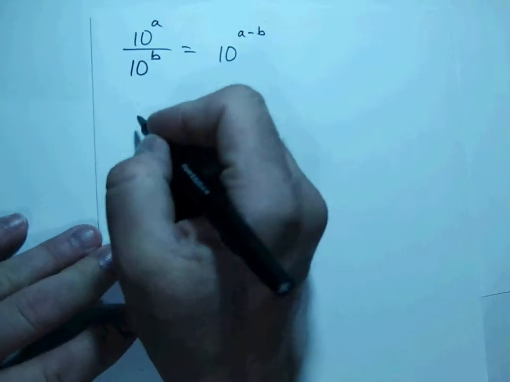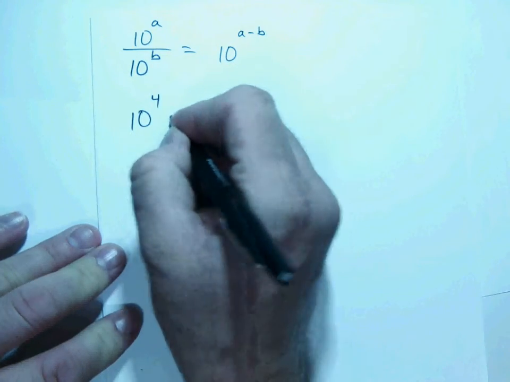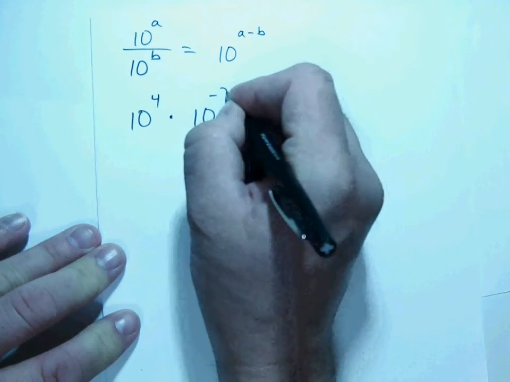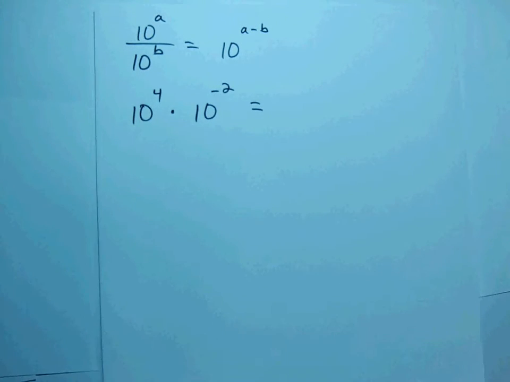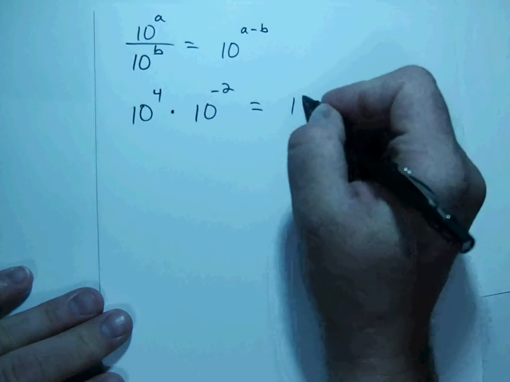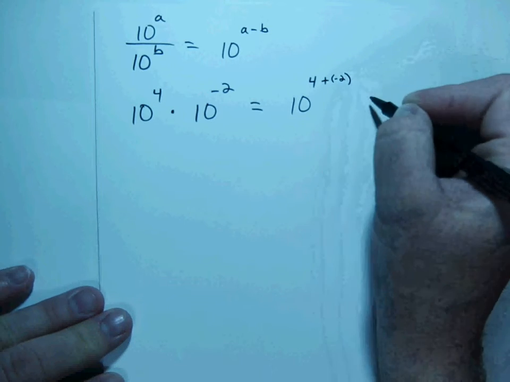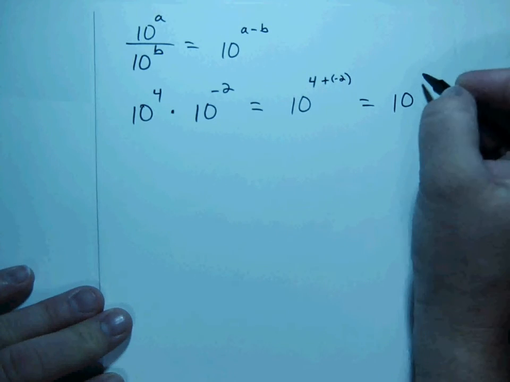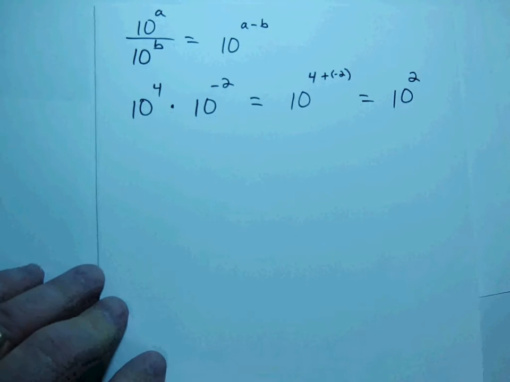So in other words, let's say I've got 10 to the 4th power times 10 to the negative 2 power. Well, my procedure said that I add these exponents together. I'm multiplying now, so I add the exponents together. So that's going to be 10 to the 4 plus negative 2. And we know that's just going to be 10 to the positive 2 power. Add the exponents together.